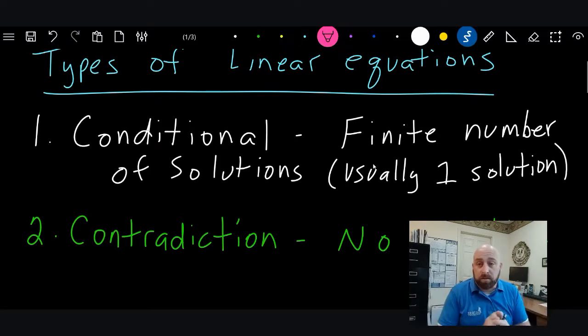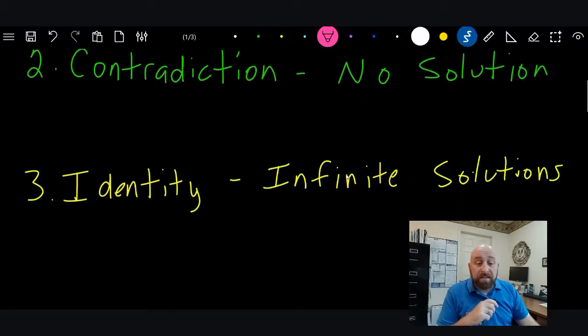Maybe you're both false. A contradiction is basically saying the opposite of what somebody else is saying. And in equations, that means that there is no solution. In other words, they're not balanced. One side is outweighing the other side. There's no solution. They're contradictory.